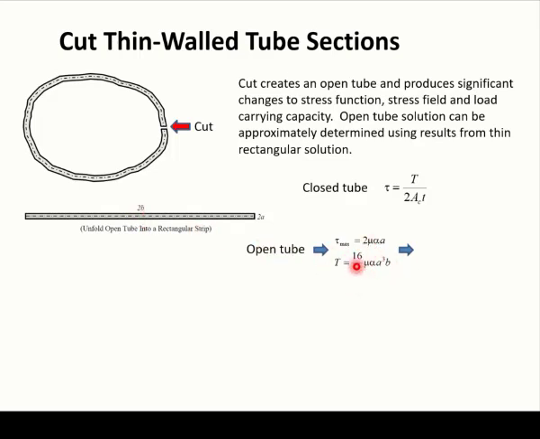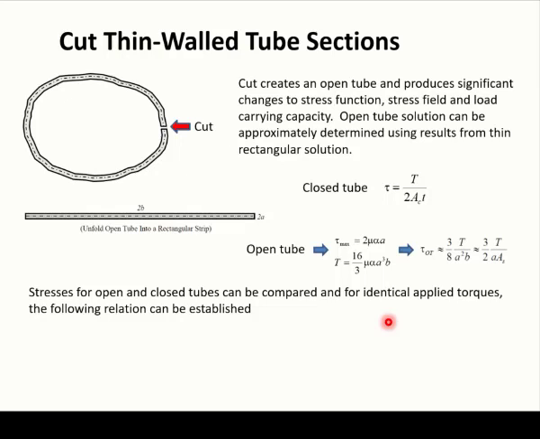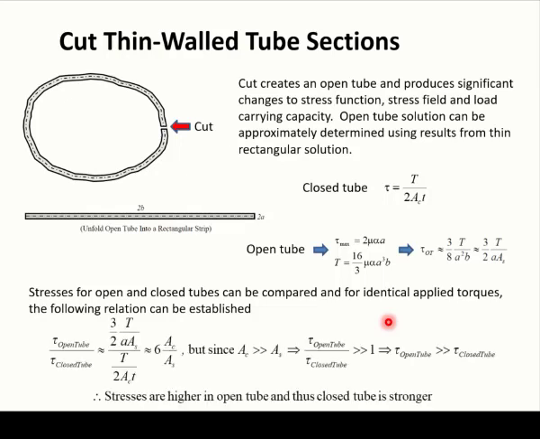If you combine these two, you get that your shear stress for the open tube is given by this equation: 3/2 times torque divided by A, which is half of your thickness, and the area of this section.